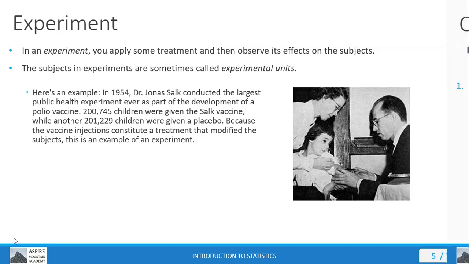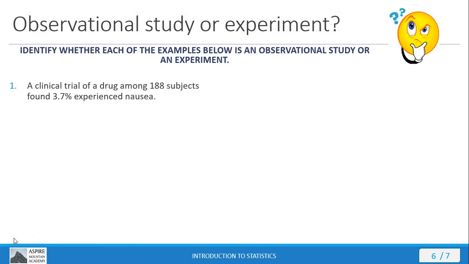Okay, let's test our learning with a short activity. I'll give you an example, and you tell me if the example is an observational study or an experiment. Remember that the observational study makes no attempt to change any of the study subjects, but an experiment does. Here's the first one.